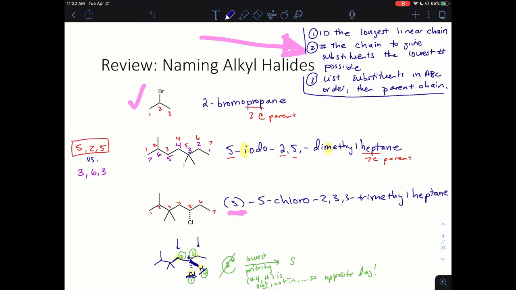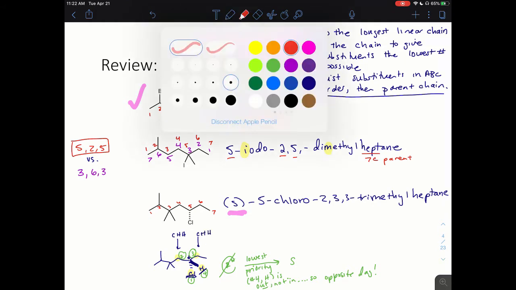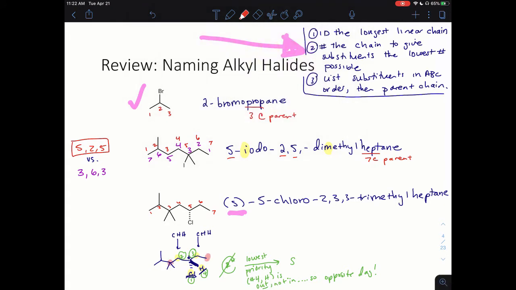This one's bonded to C, H, H. This carbon, carbon 6, it's bonded also to C, and then the two implied H's, so C, H, H. You go out again, so now we have to go out one more atom. This is a fun review, huh? So it's these two atoms, and then you can definitely see this atom is going to win because it's bonded to C, C, C.